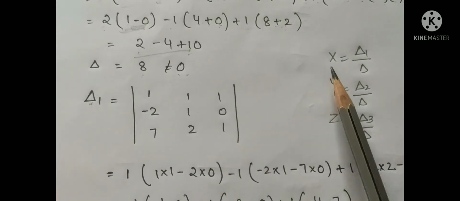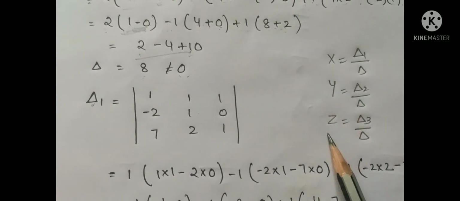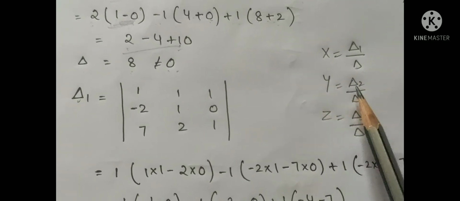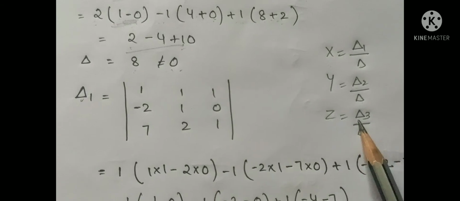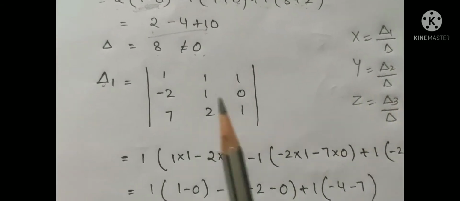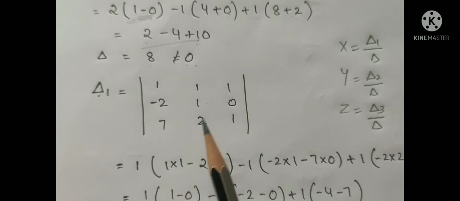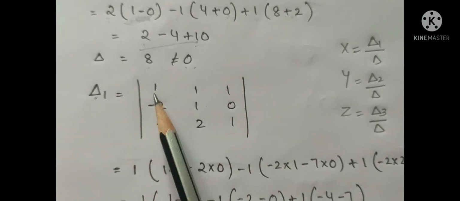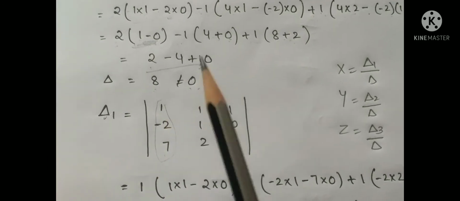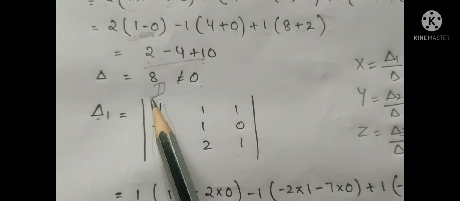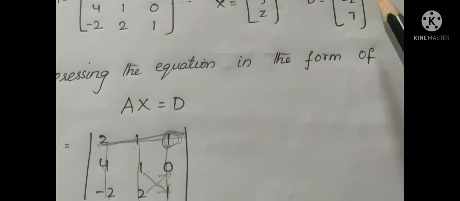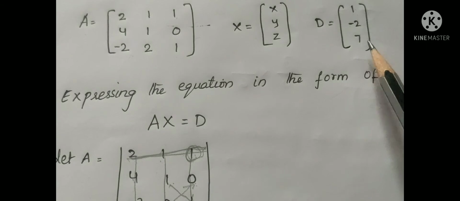Now for finding the x value, y value and z value: x is delta 1 by delta, y is delta 2 by delta, z is delta 3 by delta. First we find delta 1. Delta 1 is the same matrix, but in the first column we use the constants, that is the D value. What is the D value? 1, -2, 7.